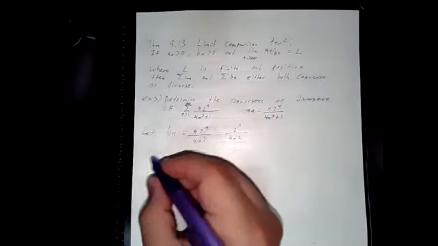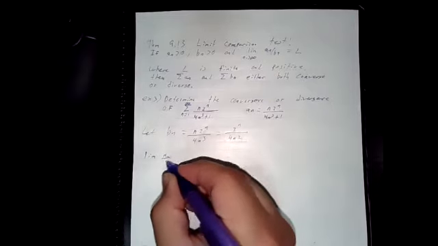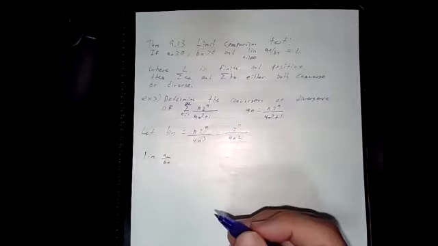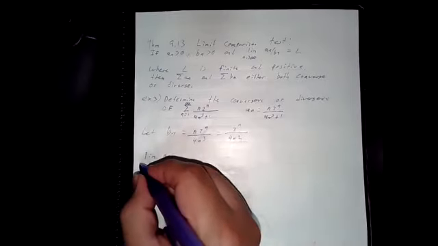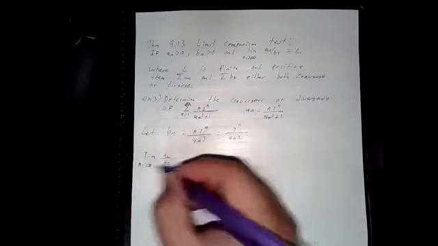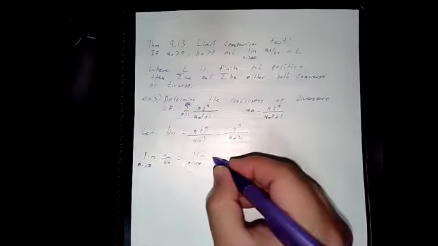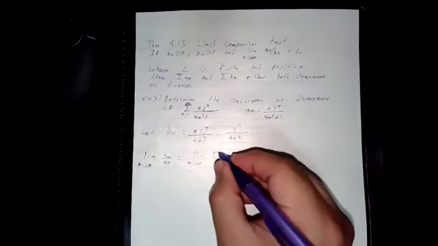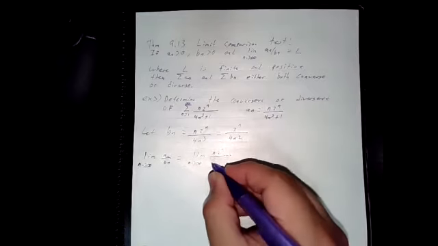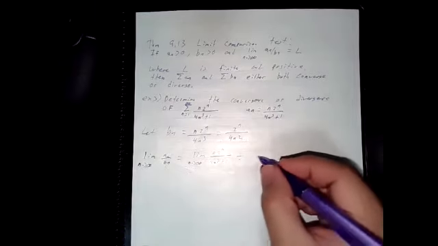So the limit of an over bn as n approaches infinity is equal to the limit as n approaches infinity of the an part divided by the bn part.